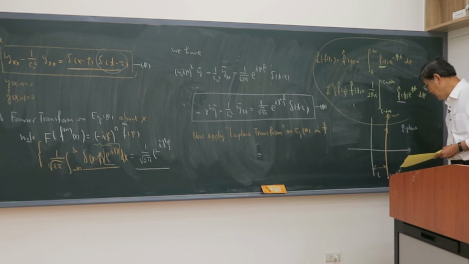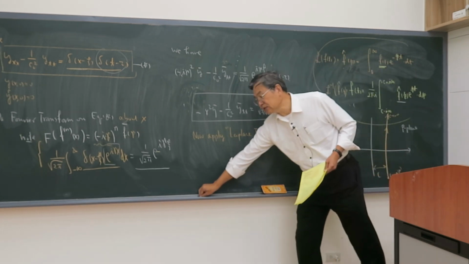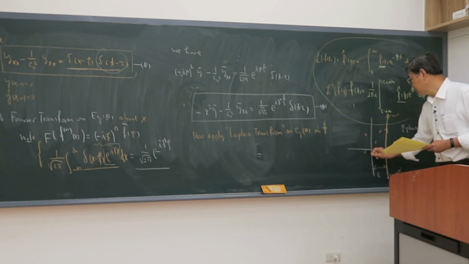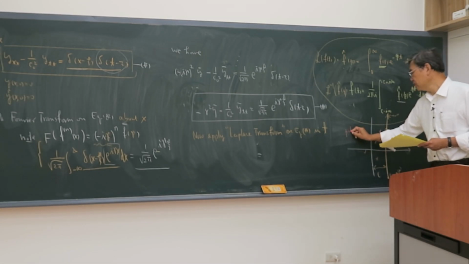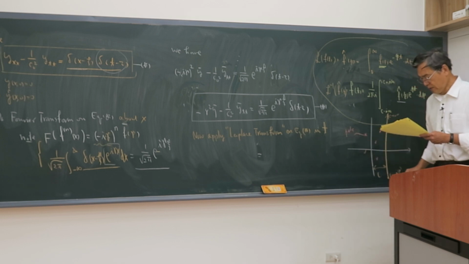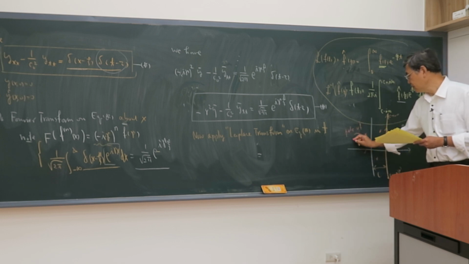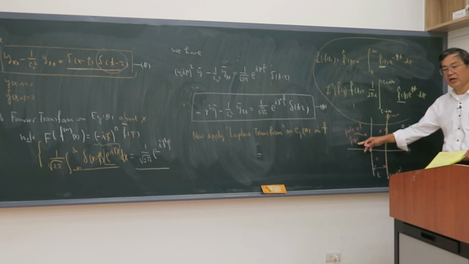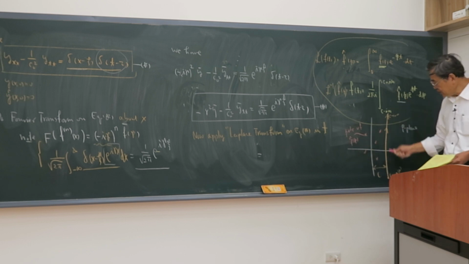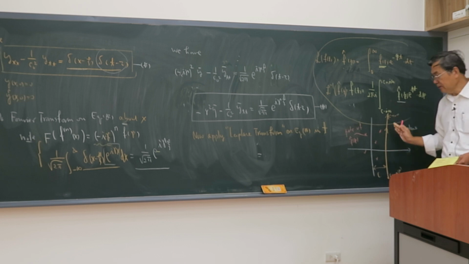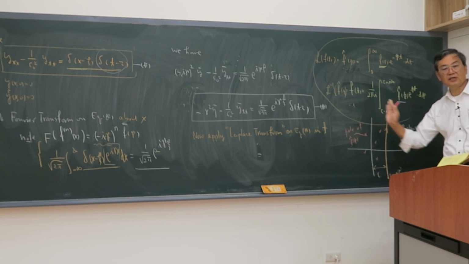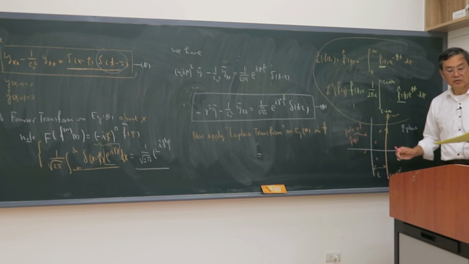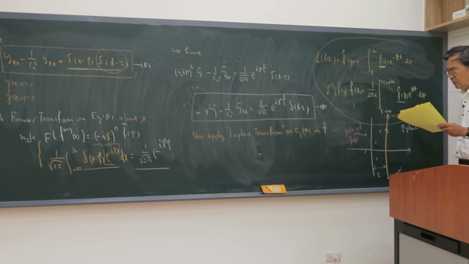Let all the poles, the singular points of f hat p, where p has singularity, lie on the left-hand side of your integration line. This is what we call the Bromwich contour.